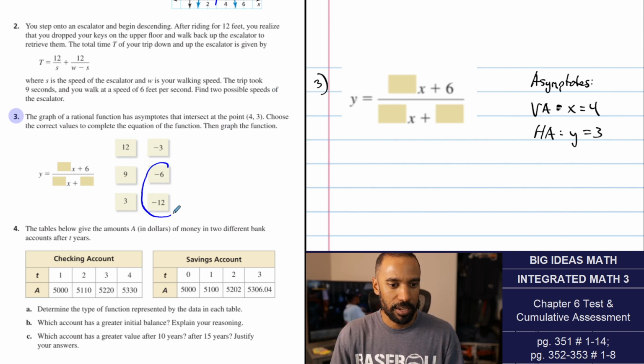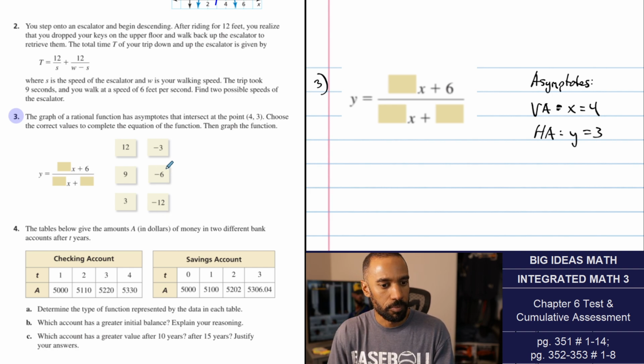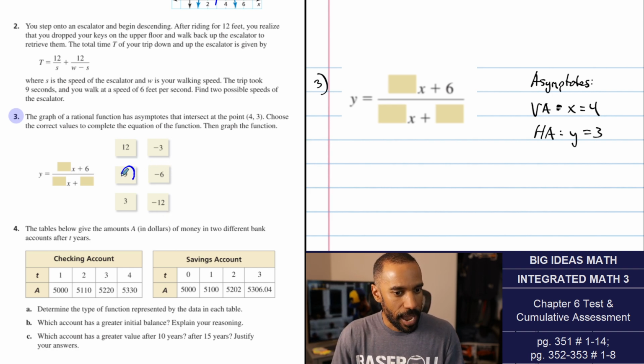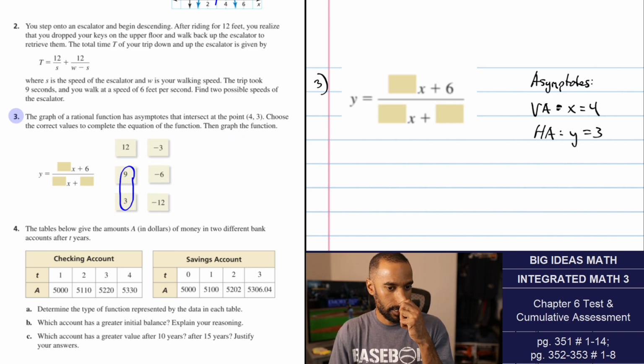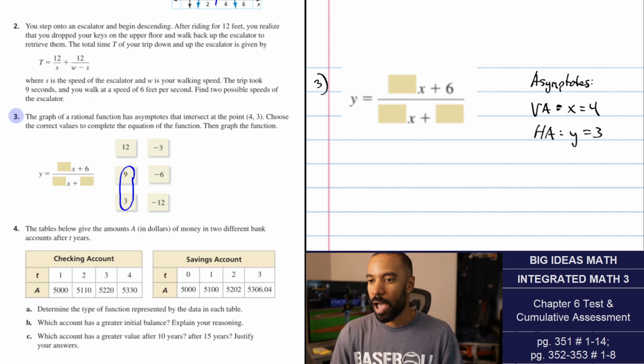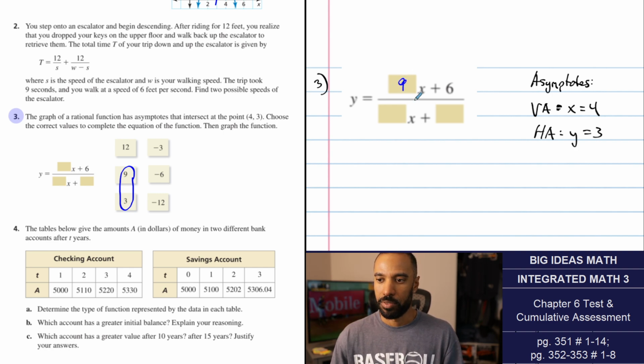Negative 12 over negative 6 won't get you 3, that'll get you 2. Which ones divide to get 3? 9 over 3. And that might be it. Negative 6 over negative 3 is 2, and 2 and 4. This might be the only one. So I believe these have to be 9x here and 3x there.